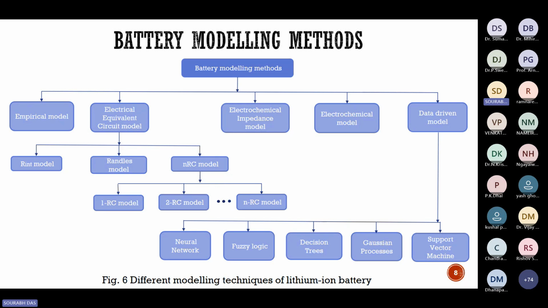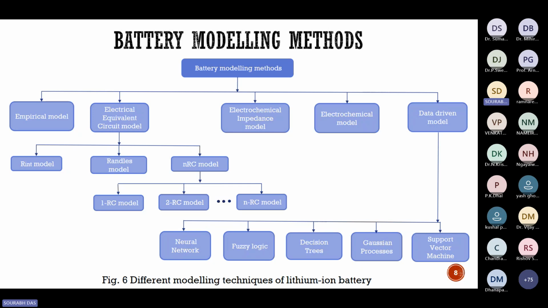At the first stage of battery research, we used the RINT model, but it cannot explain the sluggish response of the battery during the pulse test. That's why the RINT model is not used. The Randles model also cannot explain the diffusion effect of the battery. That's why it is not used.